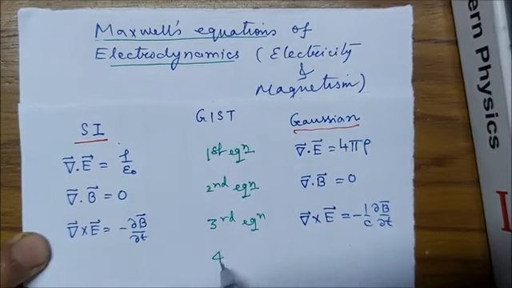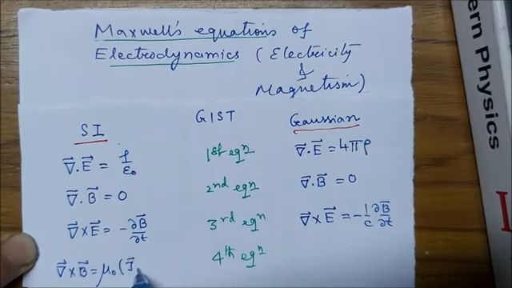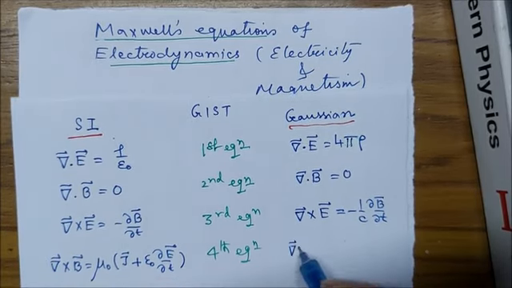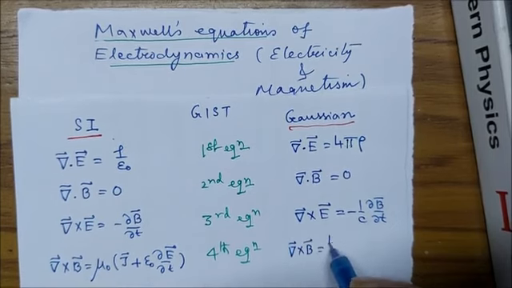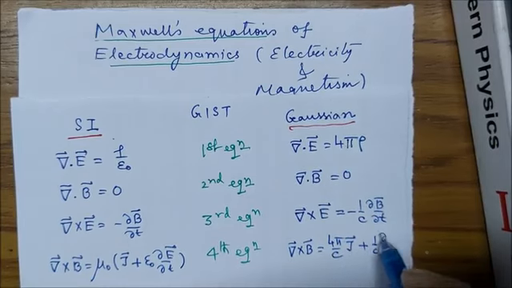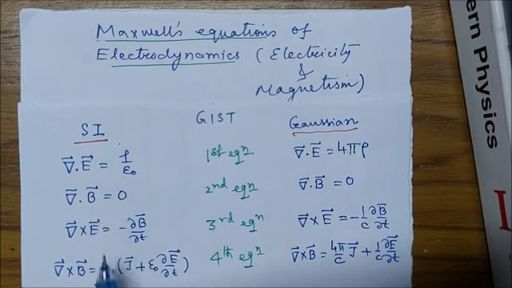And finally the fourth equation, according to which curl B is mu 0 vector J plus epsilon 0 del T of E, and here, so these are the set of Maxwell's equations in SI system and Gaussian system.